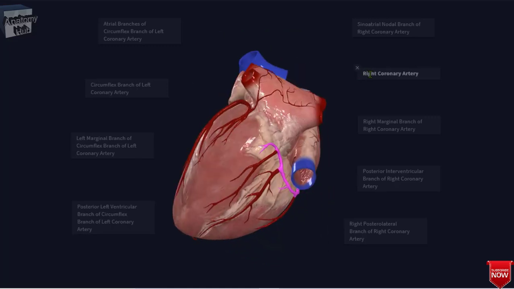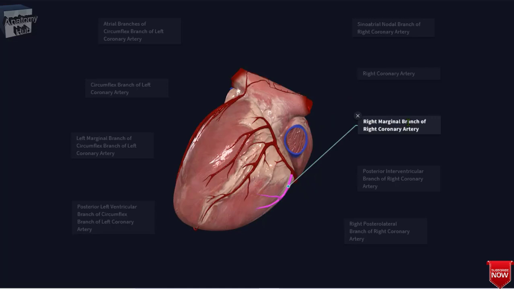The right coronary artery passes to the right of the pulmonary trunk and runs along the coronary sulcus before branching, and the right marginal artery that we will find over here arises from the right coronary artery and moves along the right and inferior border of the heart towards the apex, that you can observe here.